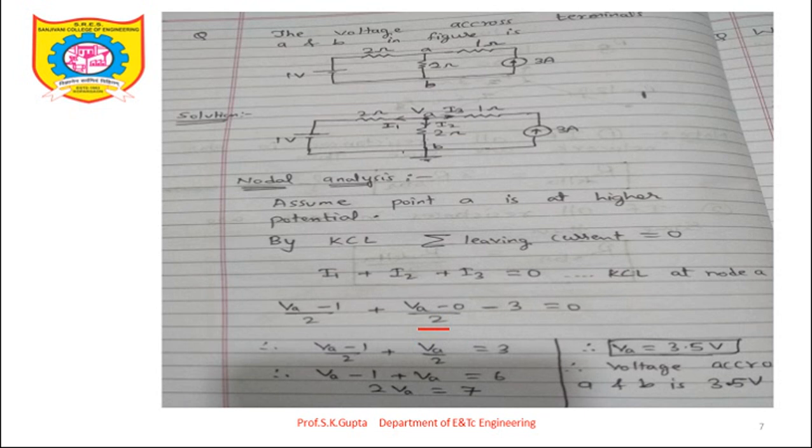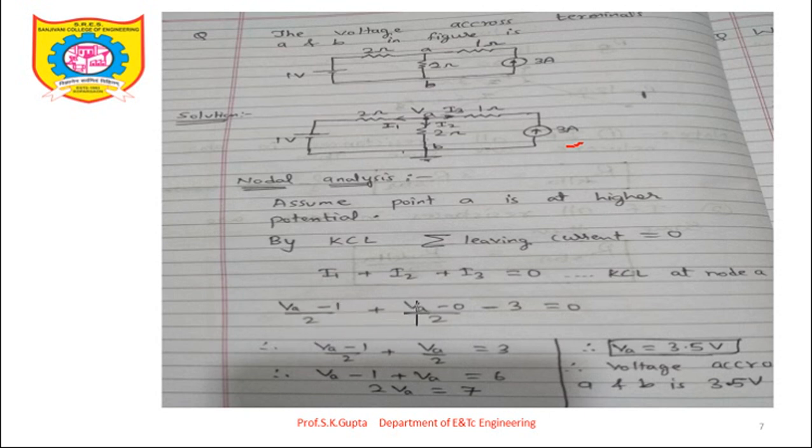Now I3 current. As you can see, this 3 ampere is entering and I3 is the leaving current, so they are in opposite directions. That's why I3 is minus 3 ampere, because this is a 3 ampere source. Equal to 0. Now just cross multiply. VA minus 1 divided by 2 plus VA by 2 minus 3 equal to 0.